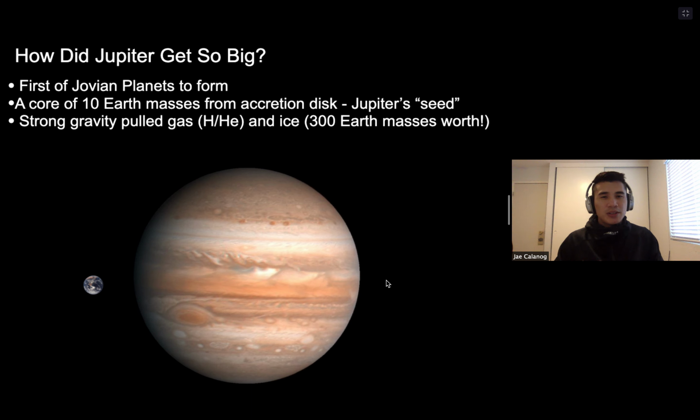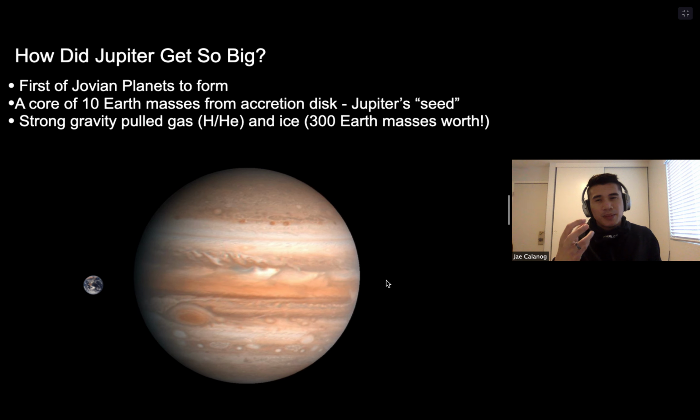And the reason for that is also because Jupiter's core is as massive as about 10 Earth masses. So you have that much gravity, very close to the frost line, so it was able to accrete a whole lot of mass.